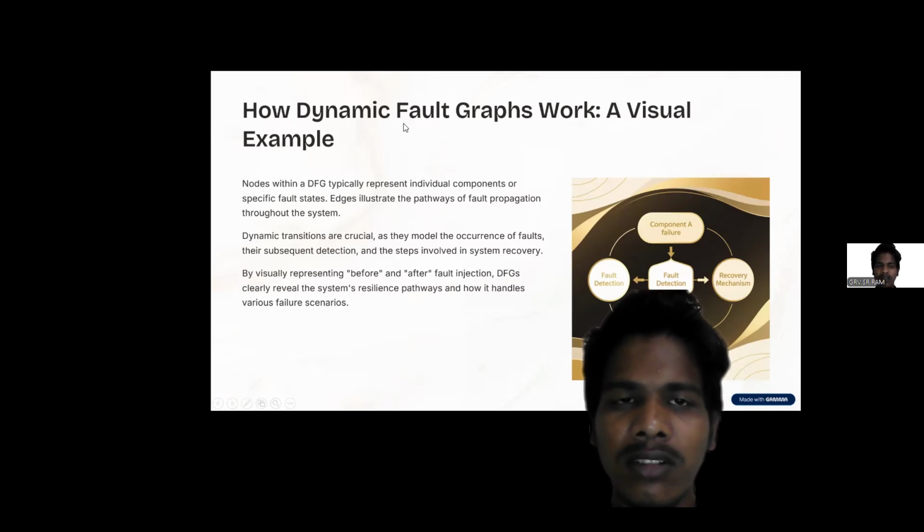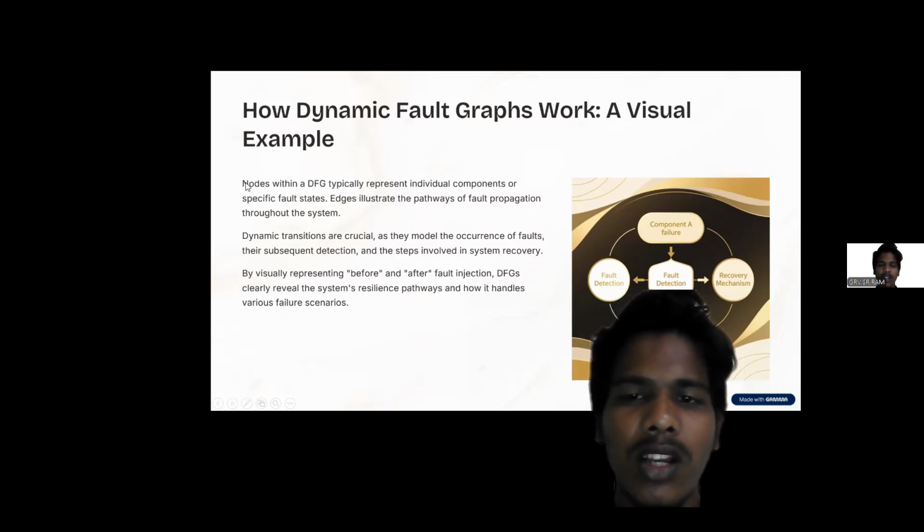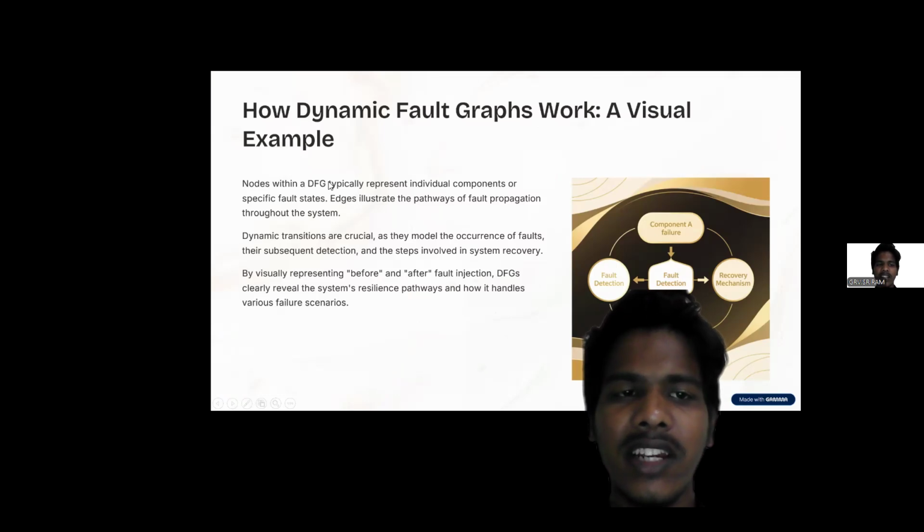How dynamic fault graphs work: a visual example. Nodes within a DFG typically represent individual components or specific fault states. Edges illustrate the pathways of fault propagation throughout the system.